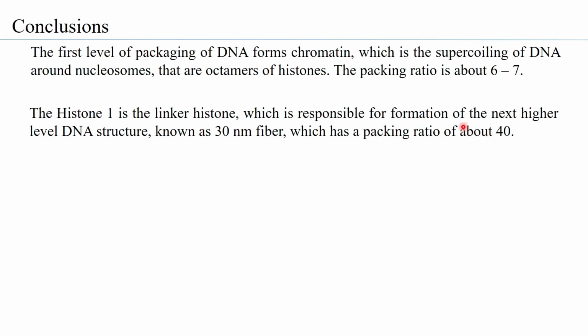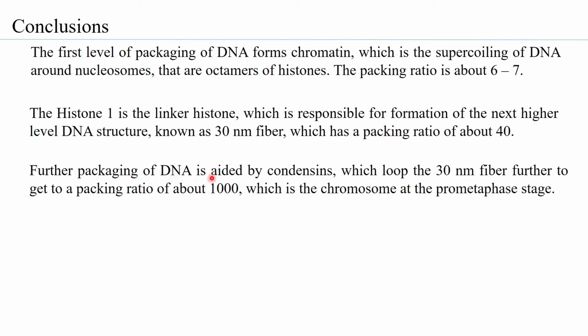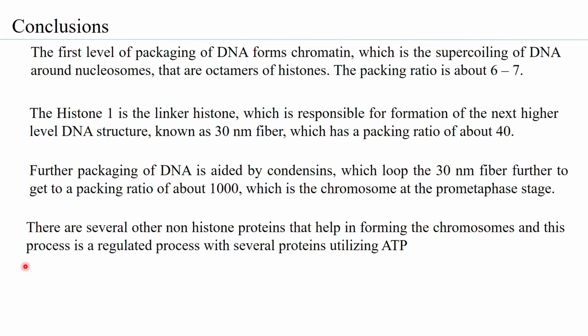Further packaging of DNA is aided by condensins and many other non-histone proteins, which loop the 30 nanometer fiber further to get to a packaging ratio of about 1000. And that is basically the chromosome at the pro-metaphase stage.